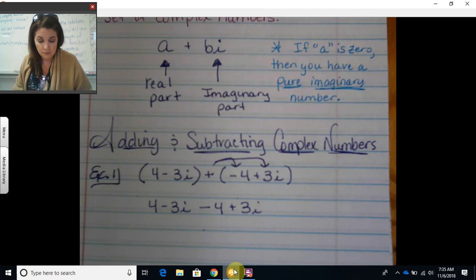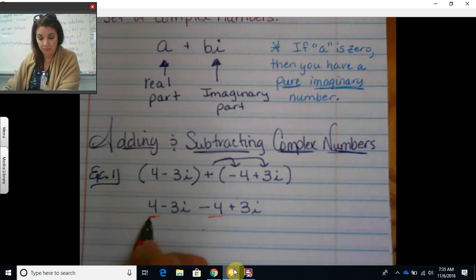Now when you add these together, or you combine like terms, you can only combine real parts together and then imaginary parts together. So my real parts are 4 and negative 4, right? So I'll just write those next to each other, 4 minus 4.